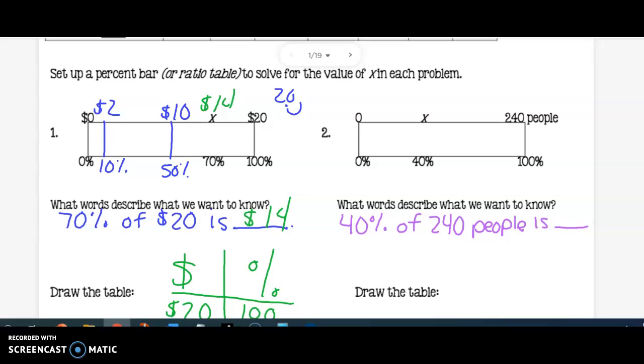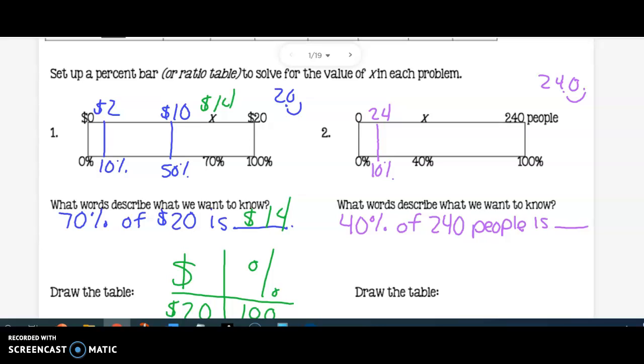Okay, so for this one, let's start by taking 10%. So from 240, if I want 10% of that, I'm going to move my decimal one place over, and that's going to give me 24. So right here, let's just write 10%. And when we move our decimal one place, we get 24.